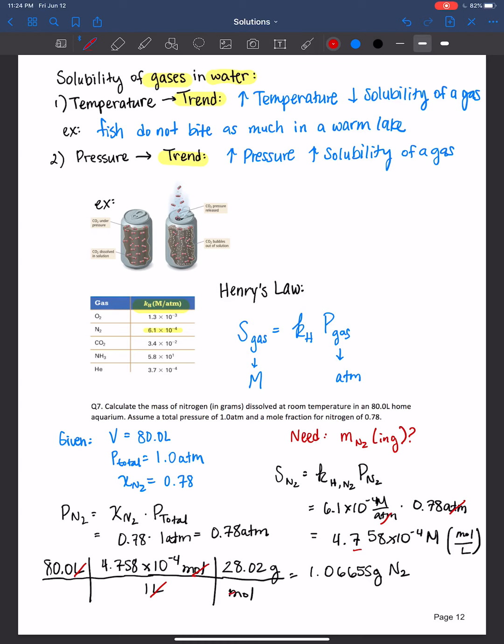Let me cancel out my moles. And remember that this will be in 2 significant figures from that 4.7 times 10 to the negative fourth molarity. And so I would round this to 1.1 grams of nitrogen.